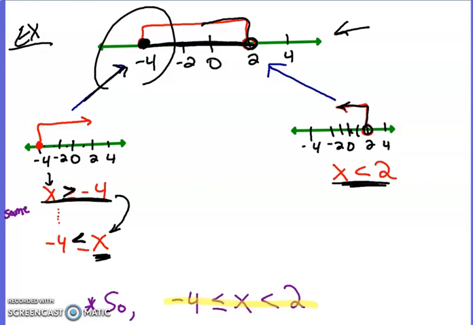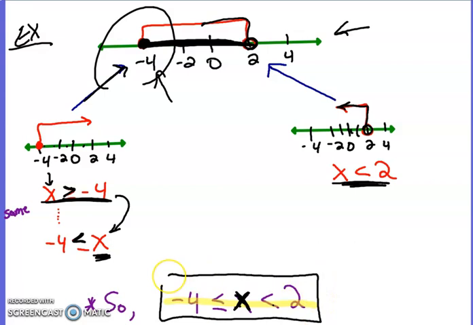So let's put this together, because what we want is one description for this. This is one description of where x is. x is in between those two values. It also includes -4. So x is still less than 2, and x is greater or equal to -4. So it's still this same description.